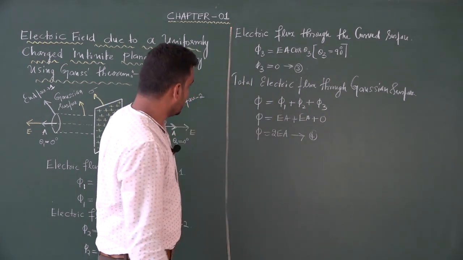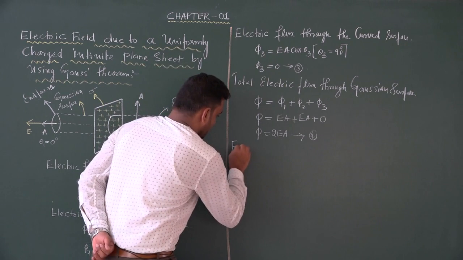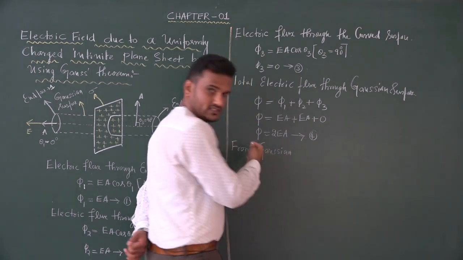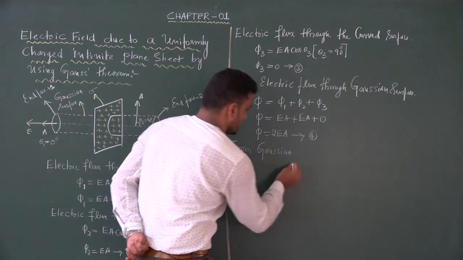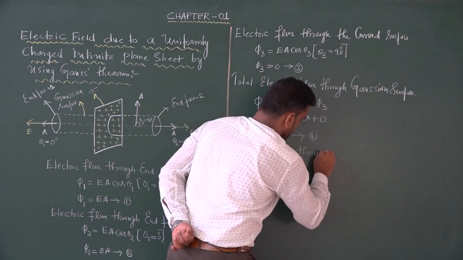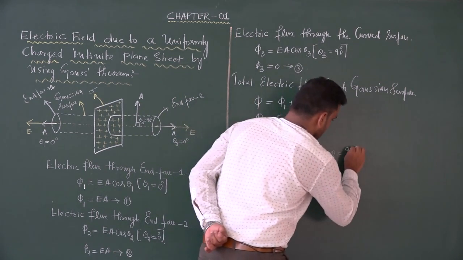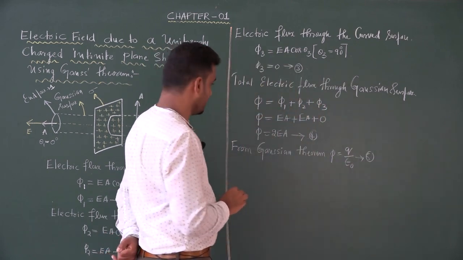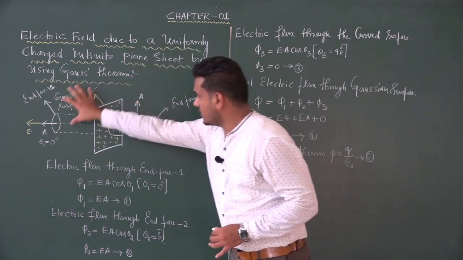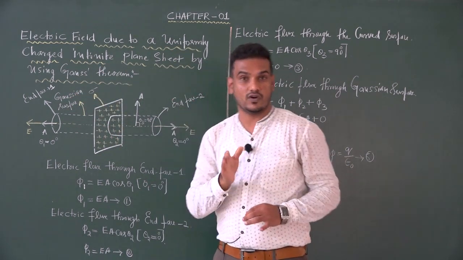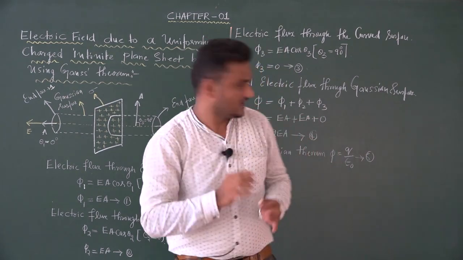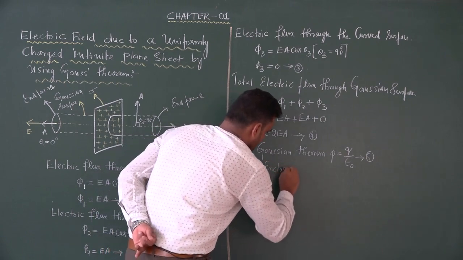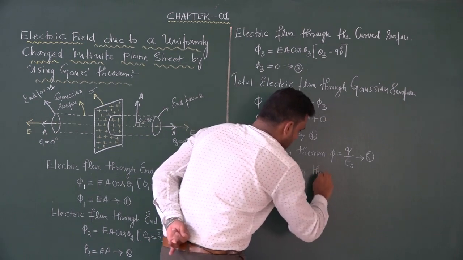Just we add it. Then from Gauss theorem, same steps we used in the previous application, we have the equation phi is equal to Q by epsilon naught, equation number 5. Then the charge enclosed by the Gaussian surface: sigma represents surface charge density.